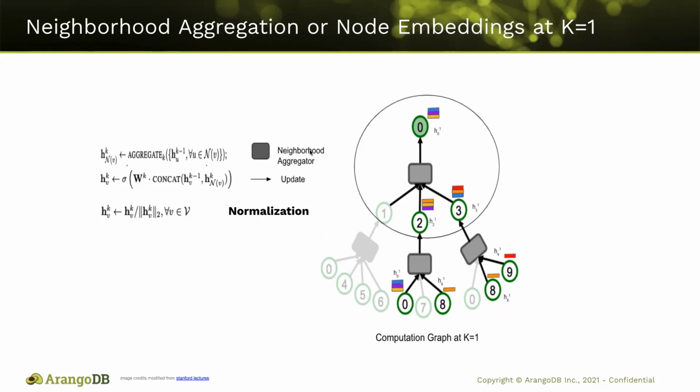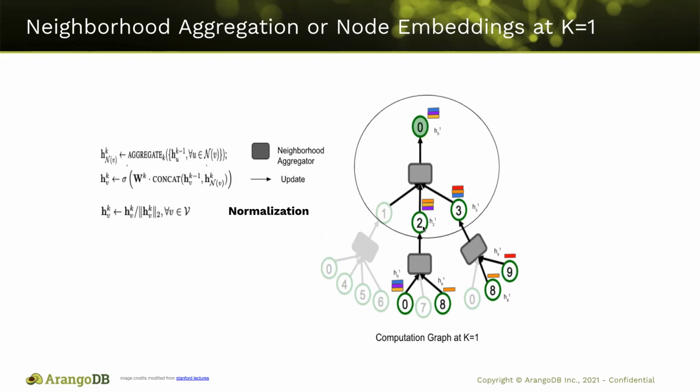The neighborhood aggregation step could be defined by this equation, which basically means that we are taking the neighborhood of a target node. So let's say, for example, 0. N of v here represents the neighbors, where v could be 0, and we are taking all its neighbors.